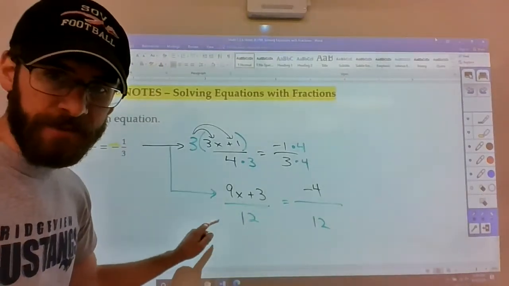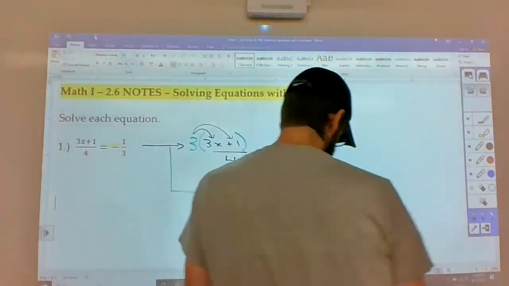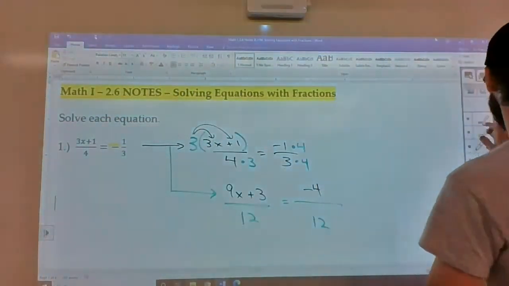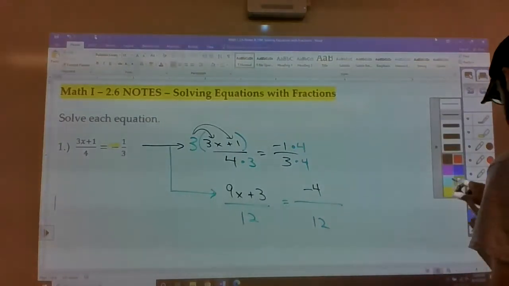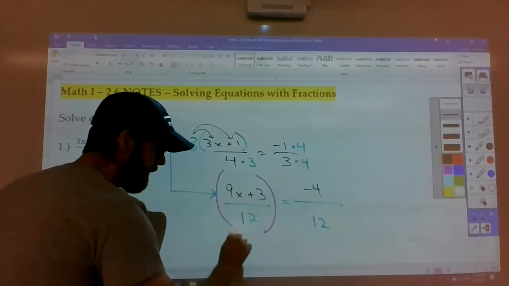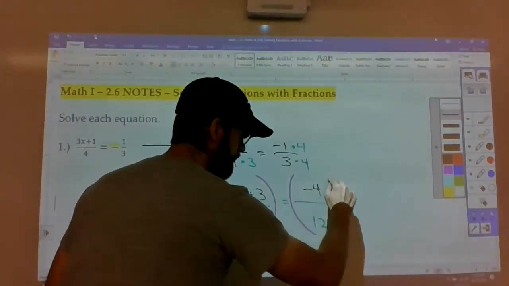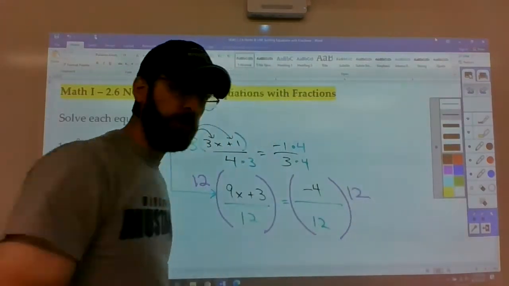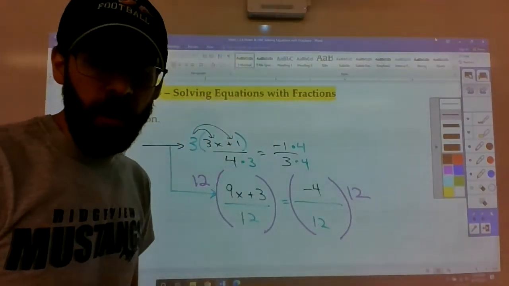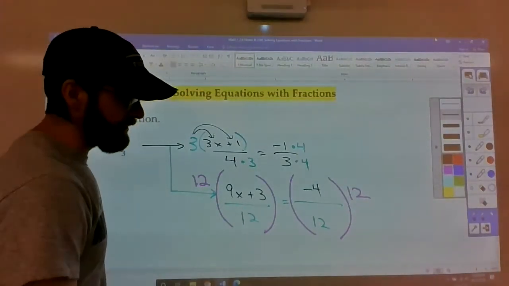Once you find common denominators, you can multiply both sides by 12. Multiplication property of equality. So what does multiplying by 12 do?